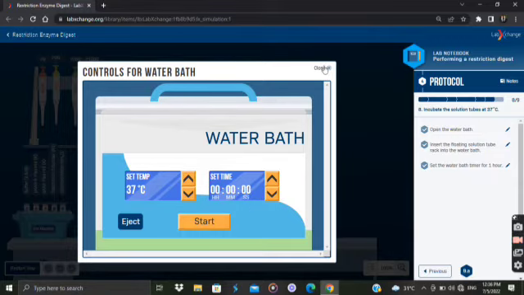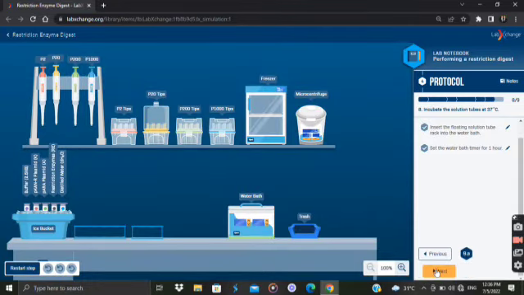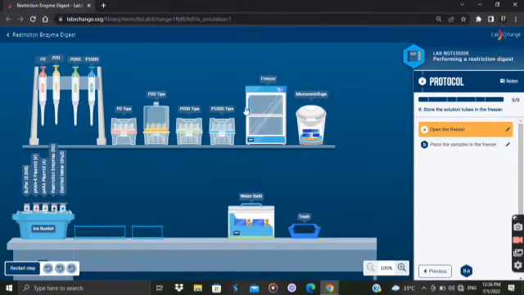Alrighty, we are all set. Close. Next, now we are going to open the freezer and place the samples in the freezer.